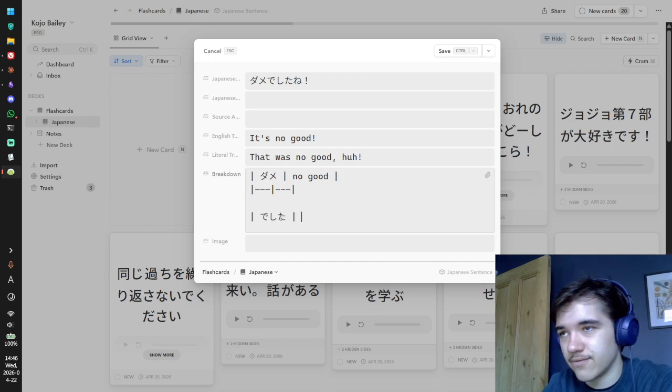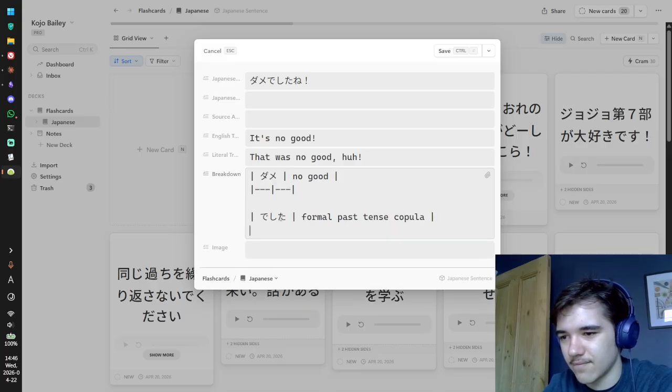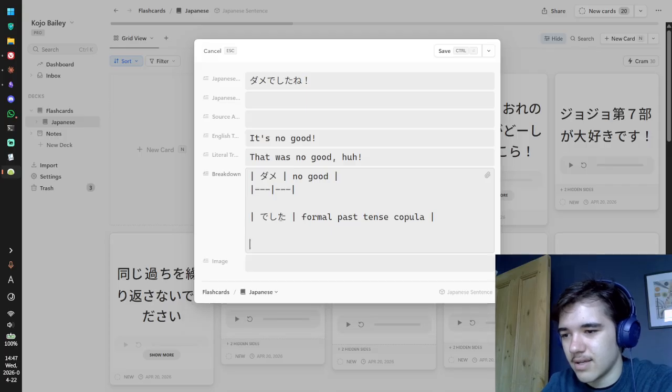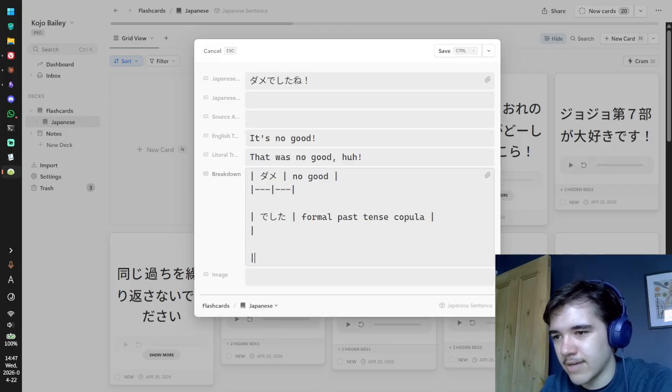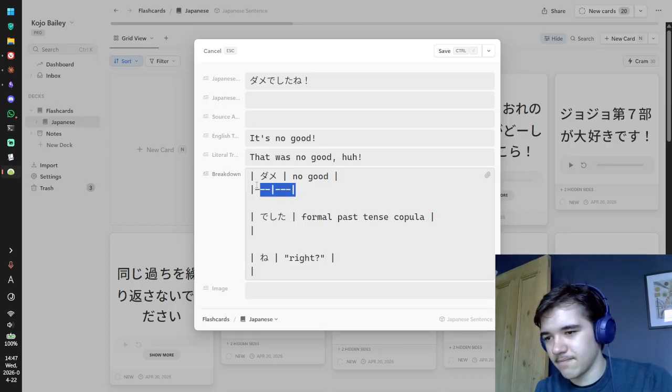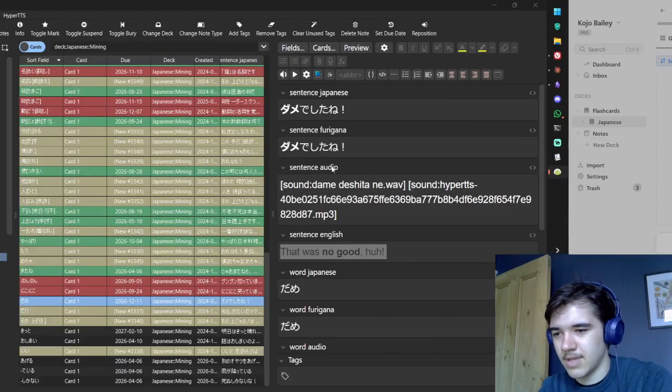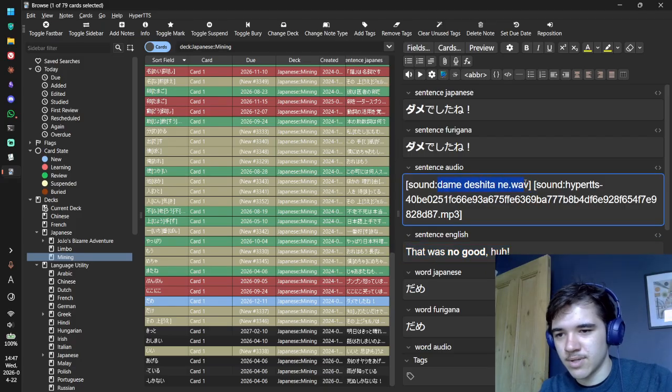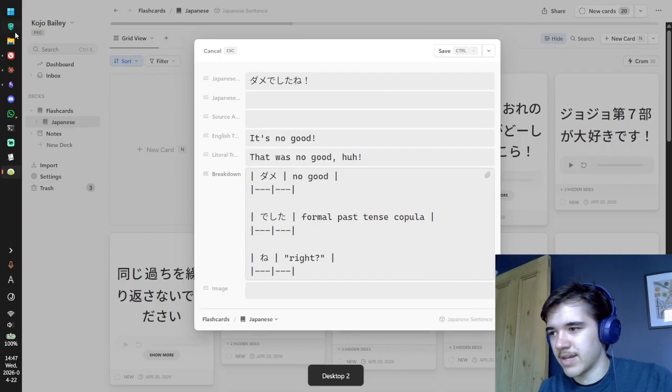Deshita is like the formal past tense copula. And then ne is like right. And then I do have a sound for this one, so let's see if I can find it.